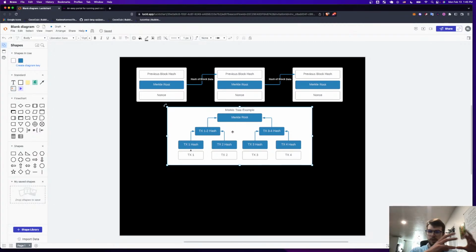I'd need to download every single block up until that point. I would need to download all of the transactions in each of those blocks so that I could create the cryptographic hash of them. Again, we're not trusting anybody here. We're working completely from, is the data valid? And if it isn't valid, then I need to reject this and find another node that is going to send me valid data.